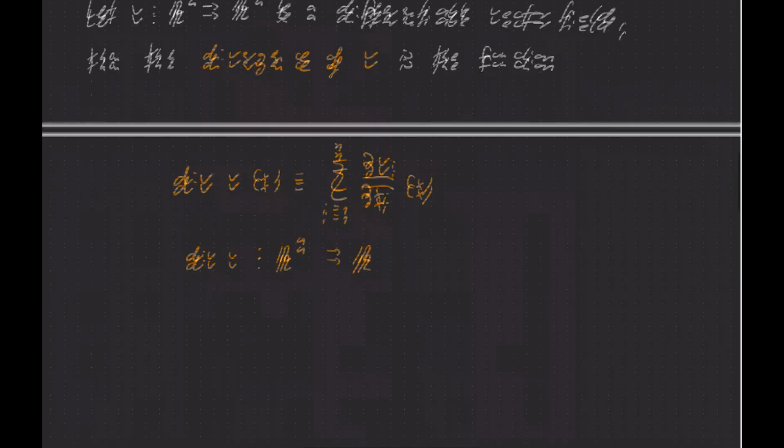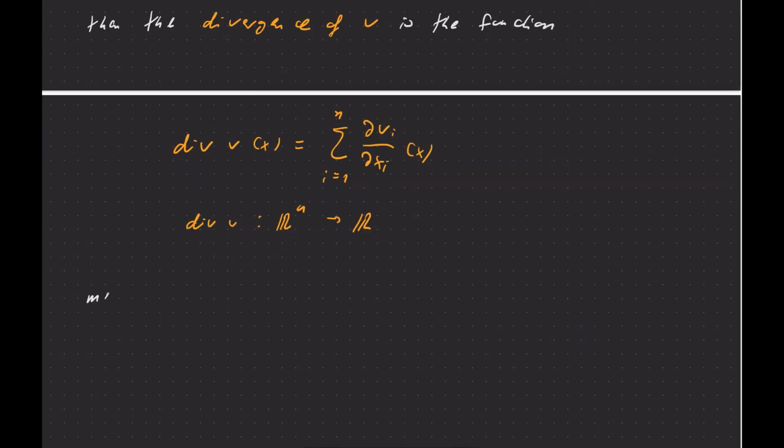And again, there's a simple memory aid here, although that is probably a little too simple to justify a memory aid. But you could say the divergence of a vector field is basically the scalar product of the gradient and the vector field.